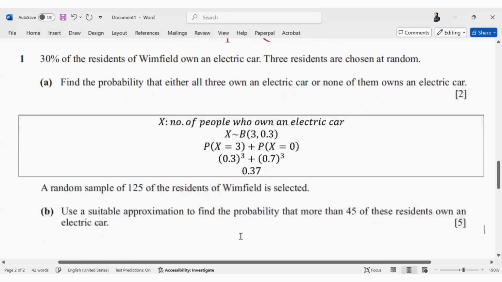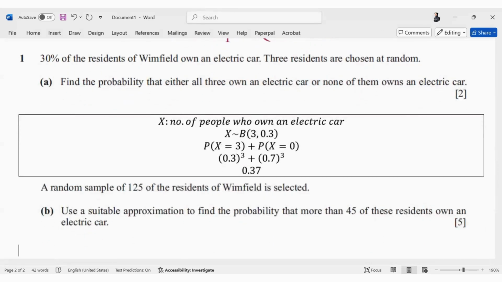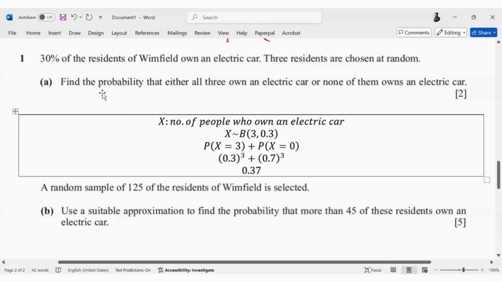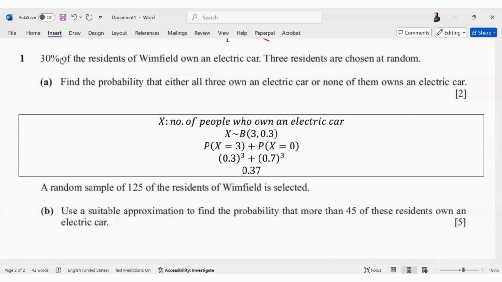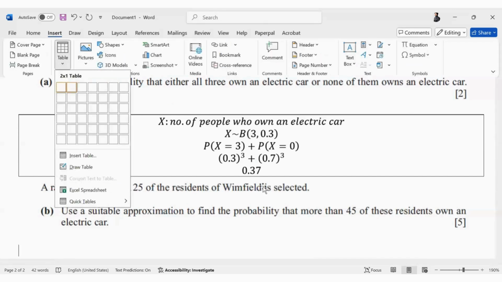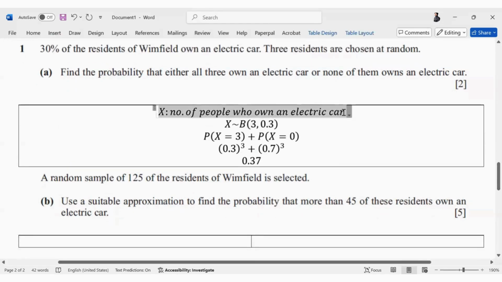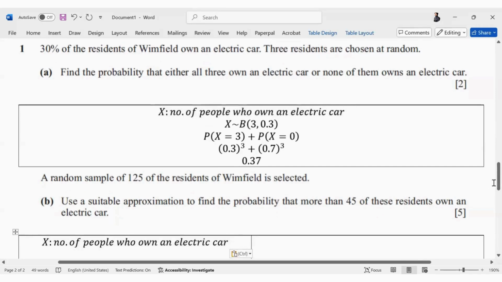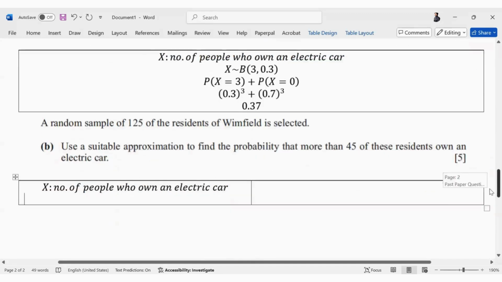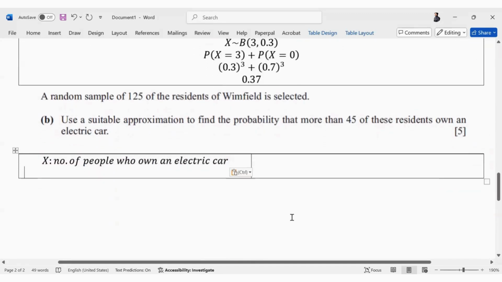So a random sample of 125 residents of Winfield is selected. Again, I'm taking X as the number of people who own an electric car. Use a suitable approximation to find the probability that more than 45 of these residents own an electric car.